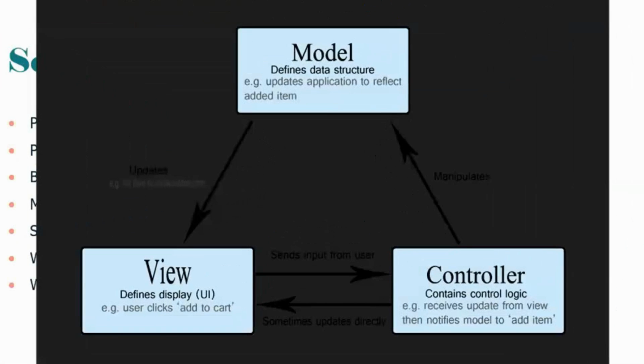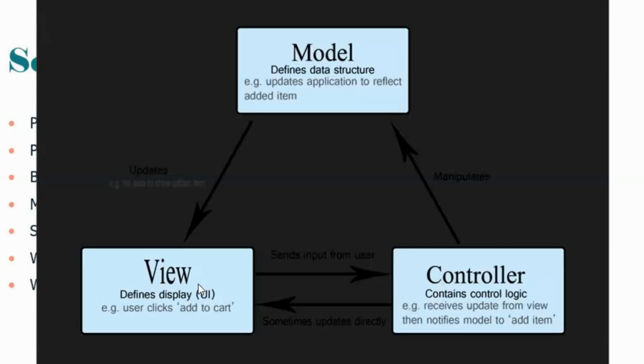Here is a graphical presentation of a model view controller. And MVC is an architectural design pattern that organizes an application's logic into distinct layers, each of which carries out a specific set of tasks.